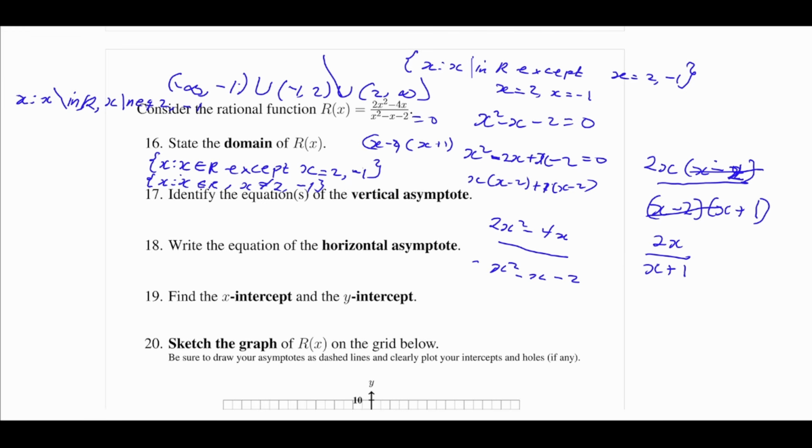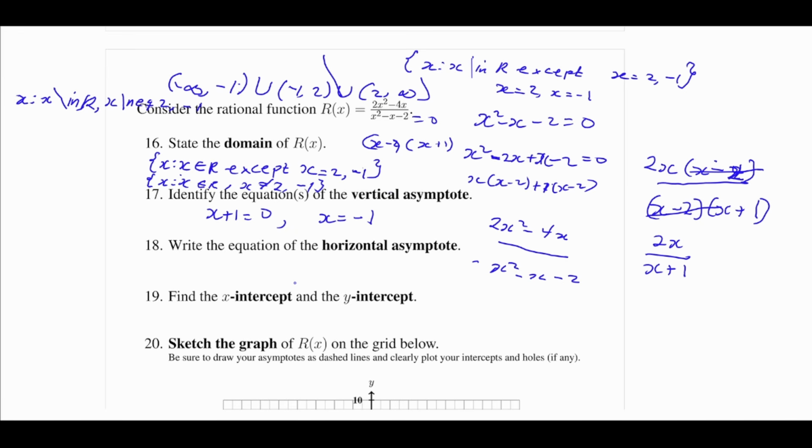Now we have been able to simplify the rational function. So to find the vertical asymptote, we just equate the denominator to 0. So we have x plus 1 is equal to 0, and when I solve, I have x equal to -1. So that is the equation for the vertical asymptote.